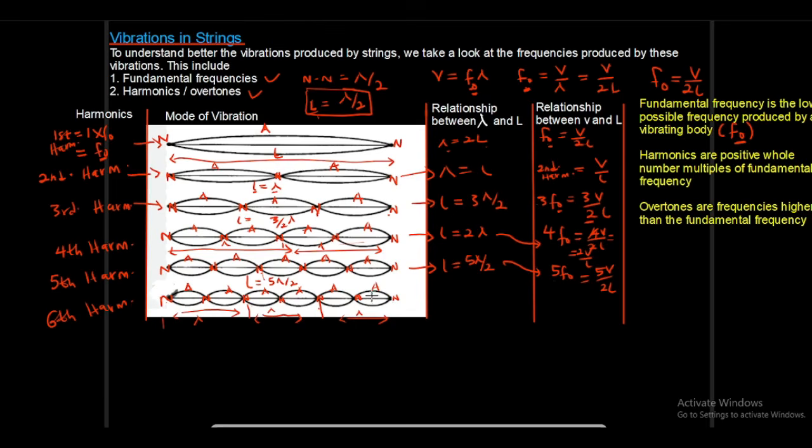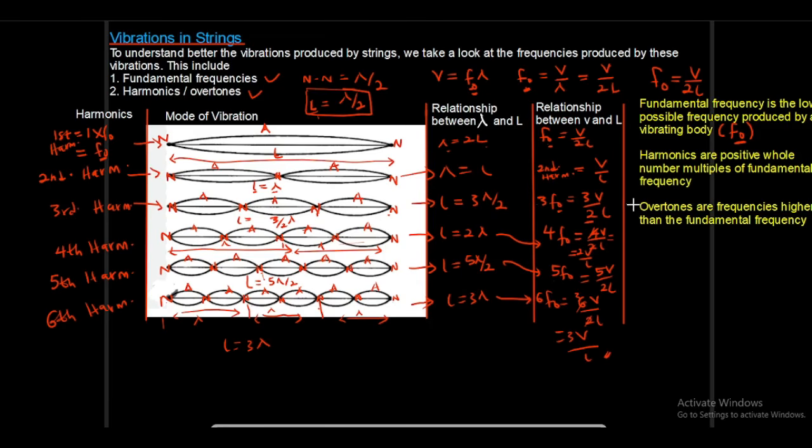So in this case, the length of our string is equal to 3 wavelengths, so L equals 3 wavelengths. Now the sixth harmonic is going to be 6 times the fundamental frequency, and the fundamental frequency is V over 2L. So we're going to have 6 times V over 2L. This can simplify, and then we're going to have 3V over L, as the sixth harmonic of a string.